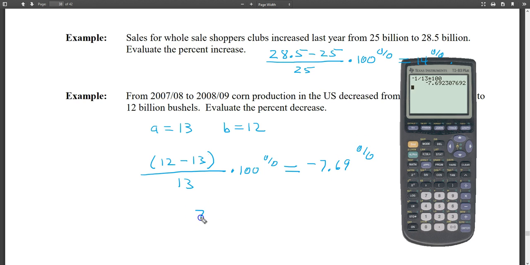Or we would say a 7.69% decrease. And that would be our answer. All right. And that is all we have to do with our review of dealing with percents and percent increase and decrease.